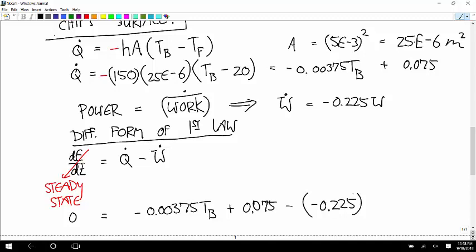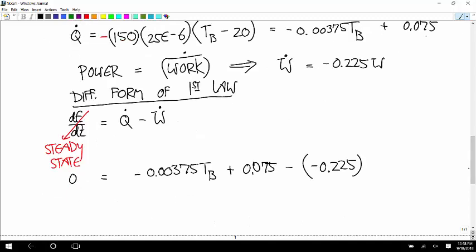Now we have one equation for one unknown, so we can solve for the temperature of the body. And if you solve that equation, you get TB is equal to 80 degrees Celsius.